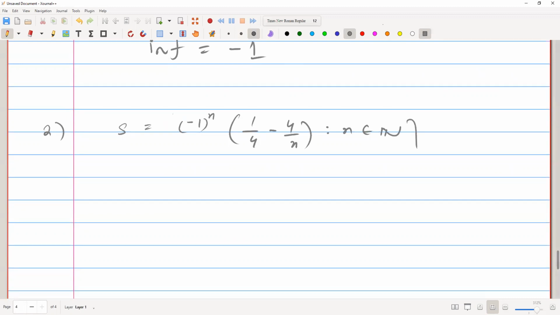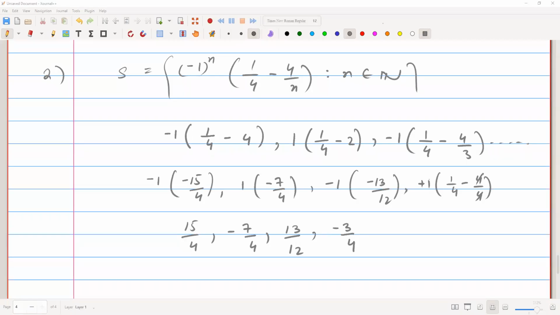Now we can easily construct this set on the real line. So let's construct the set on the real line first. We can do this by taking n equals 1, 2, 3, 4, and so on. For n equals 1, we get this number, 15 over 4.